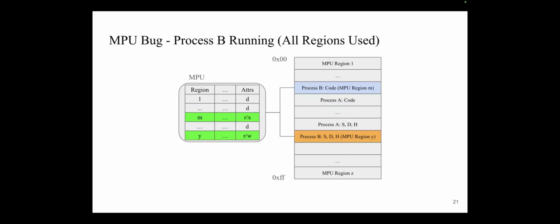Then if I switch to running another process, process B, I would like the MPU configuration for process A to be totally replaced by a new configuration that allows read and execute access to process B's code and read-write access to process B's stack data and heap.